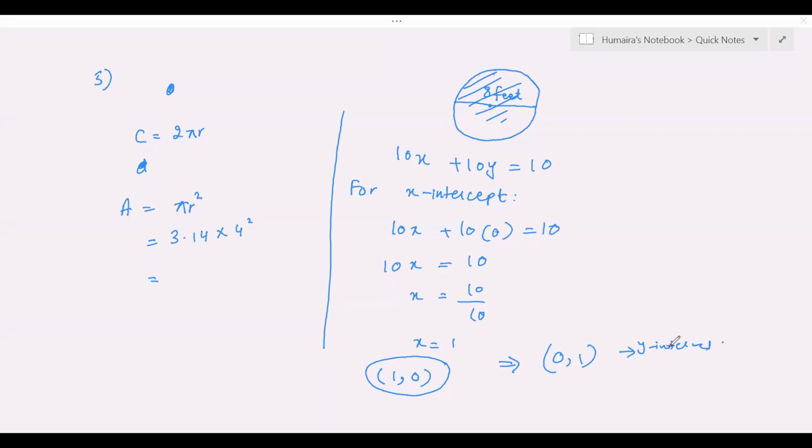Anything else? Let's see. Number 9, and then 14. Okay. If the surface area of a cylinder with radius of 4 feet is 48 pi square feet, what is its volume? For this one, there is a formula.